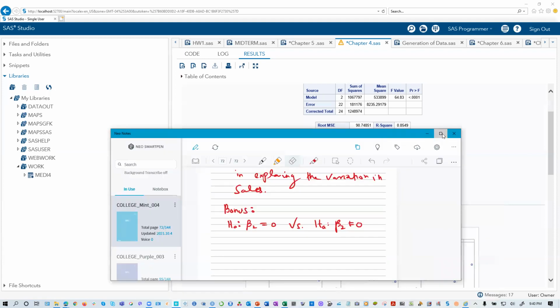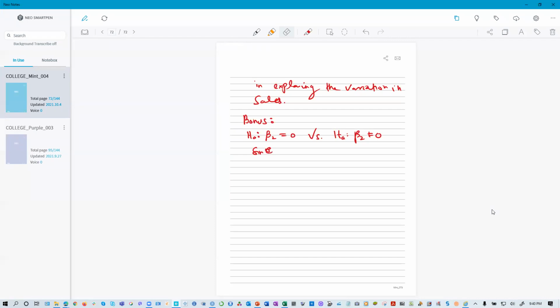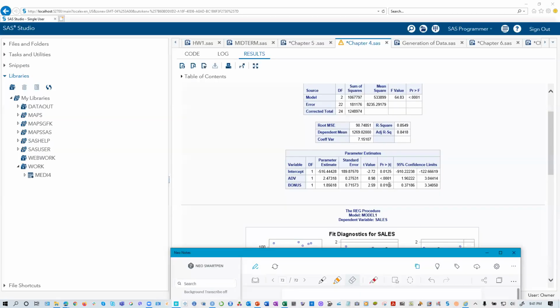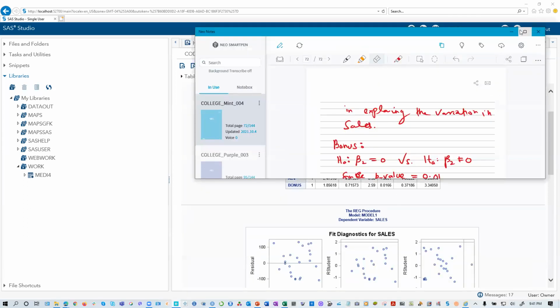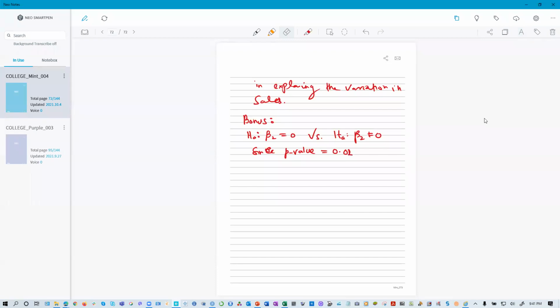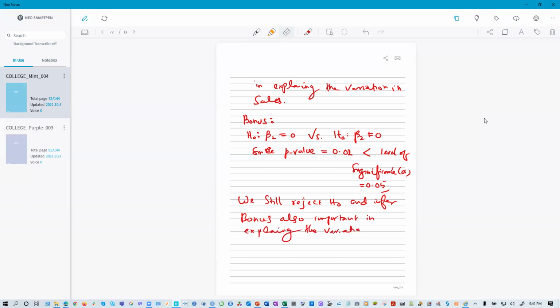You can say nicely here, since the p value, which is 0.02, rounded to 2 decimal places, is less than the level of significance, alpha, which is 0.05, we still reject H0 and infer the bonus is also important in explaining the variation of sales.